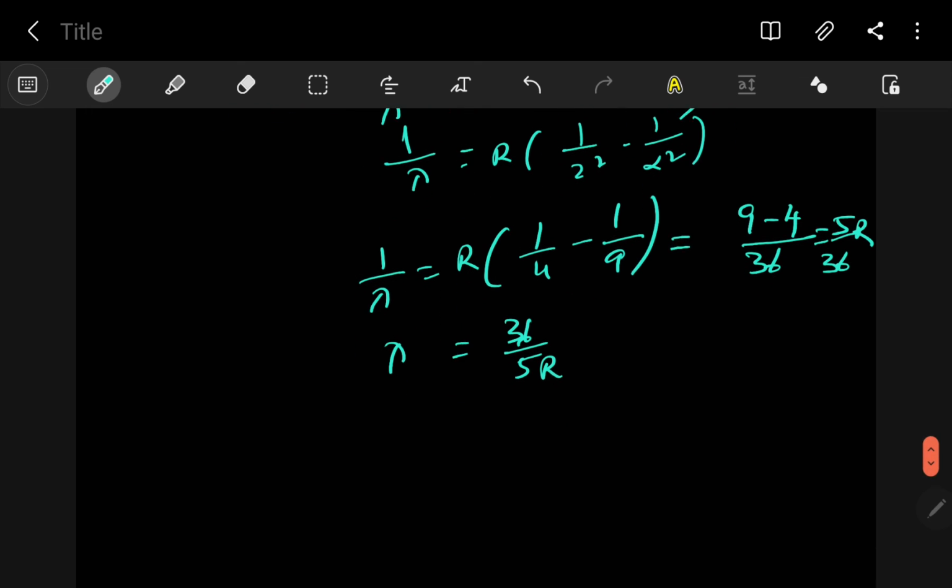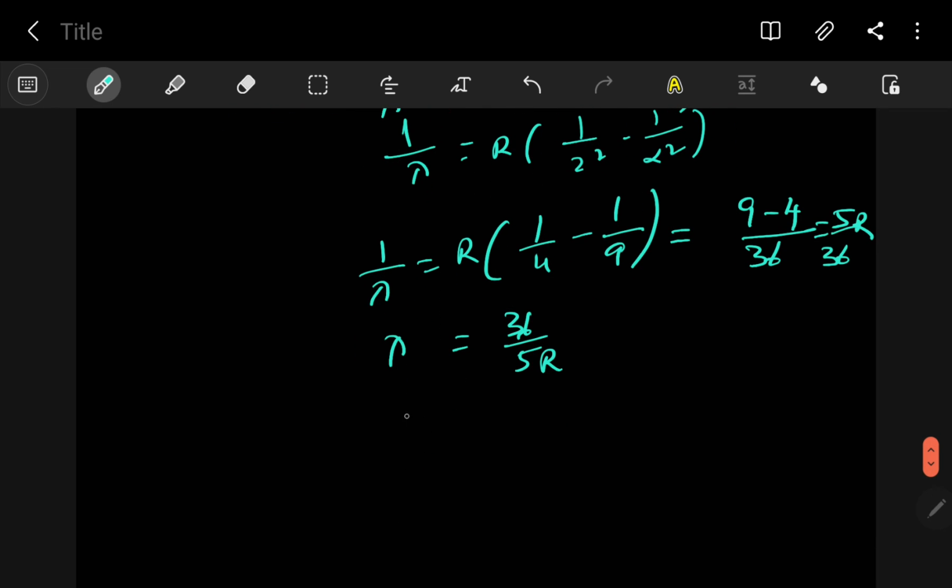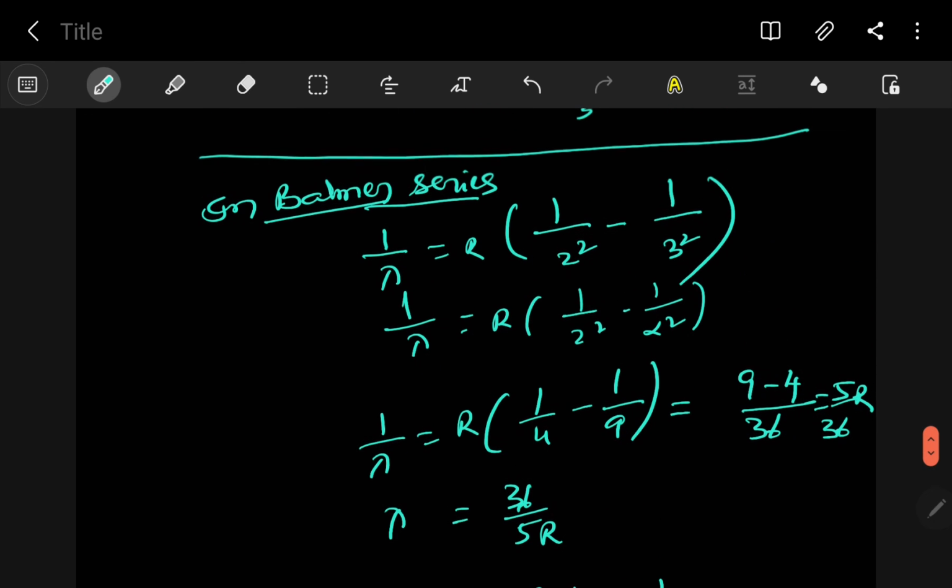Next, for the shortest wavelength, 1 by lambda is equal to R into 1 by 2 square minus 1 by infinity square.